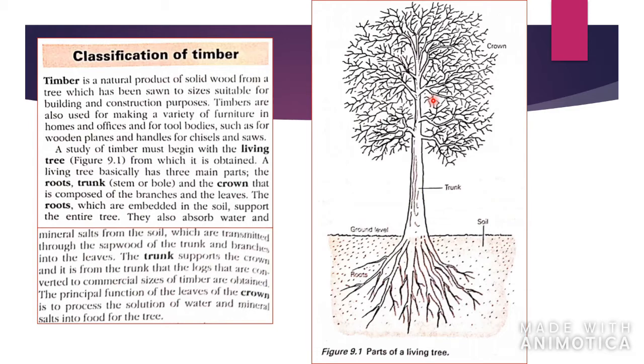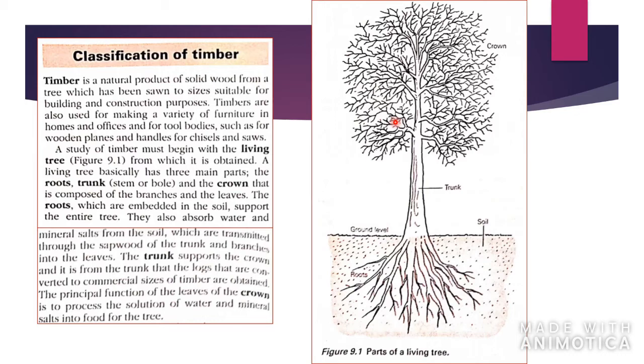The crown is composed of the branches and the leaves. The roots, which are embedded in the soil, support the entire tree. So this tree cannot stand unless the roots are very, very strong. They are in the ground and they actually support the tree because there's a lot of wind above ground. If you have wind and a lot of leaves, that tree will be moving all over the place.